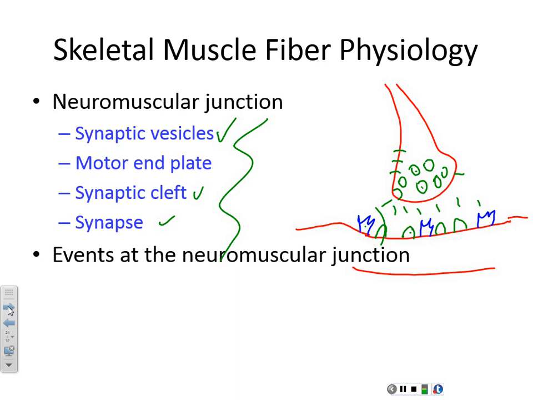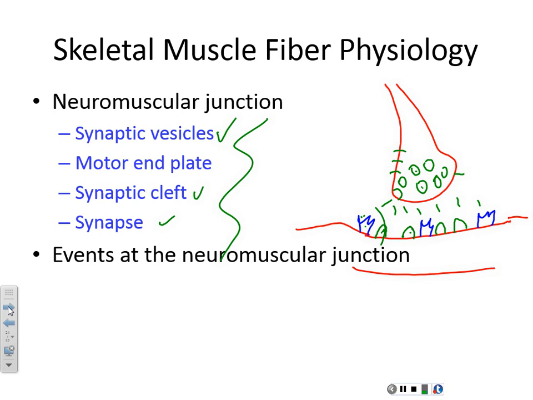And at that point, because a whole bunch of voltage gated channels will take over, we forget about the ligand gated channels, but we still have to continue to process the acetylcholine. So what do we do? We remove the acetylcholine from those ligand gated channels, because at this point voltage gated channels have taken over. And then we break it down via the acetylcholinesterase. Alright? So those are the steps in the neuromuscular junction.